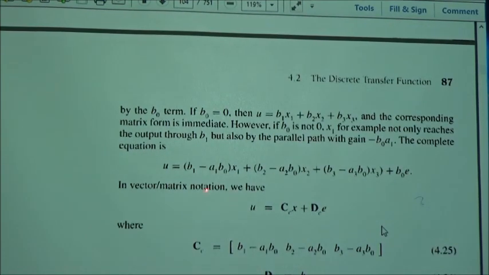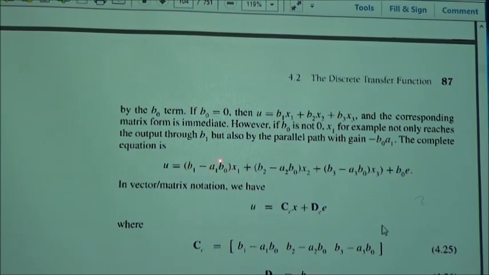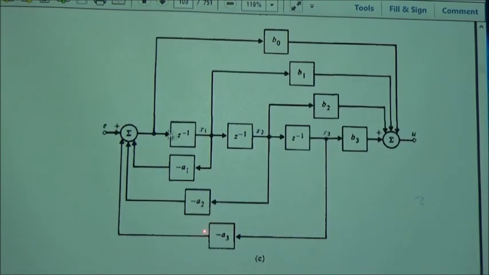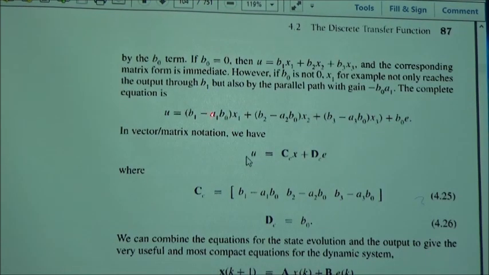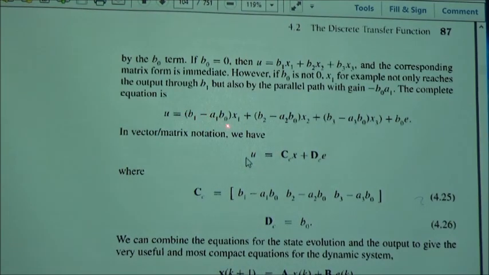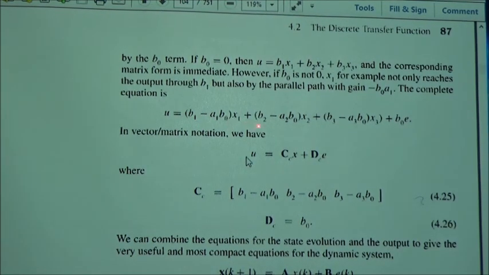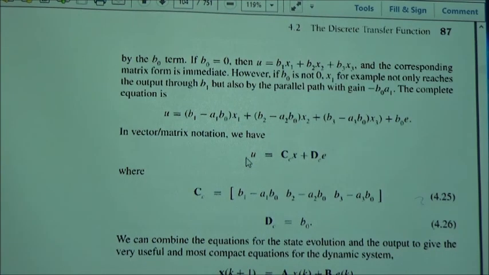Your output U is not only going to be V1 X1, but it picks up a minus A1 V0 because of that dependence of the input, and the dependence of the input of the X1 block is right here. I'm showing here the input depending on X1, X2. So you pick up V1 minus A1 B0 x1, B2 minus A2 B0, and so forth.